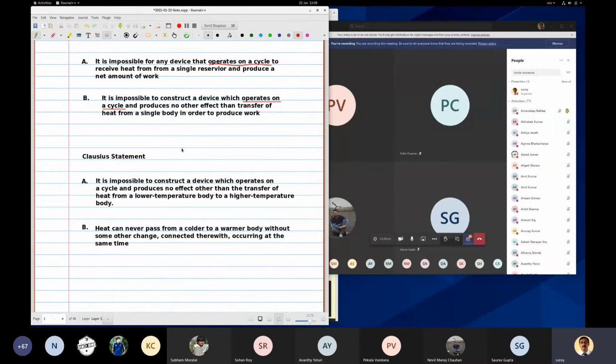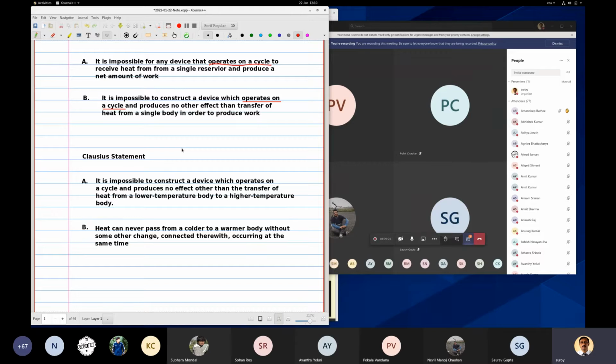I just told you that two bodies are in contact, one at a lower temperature, another at a higher temperature. So only transferring heat from the lower temperature to the higher temperature is not possible. Something else has to be done, right? The most common example of heat being transferred from a lower temperature to a higher temperature is our air conditioner.